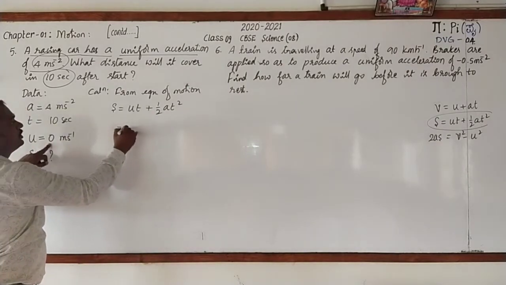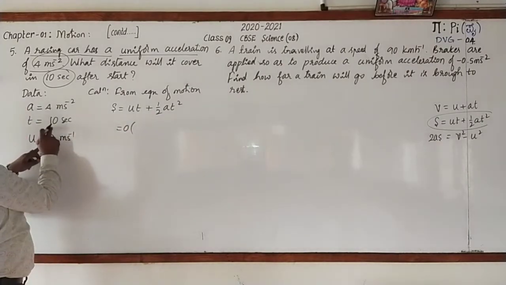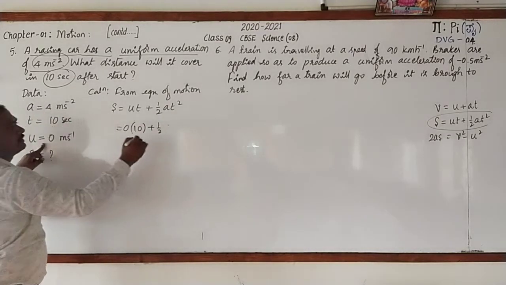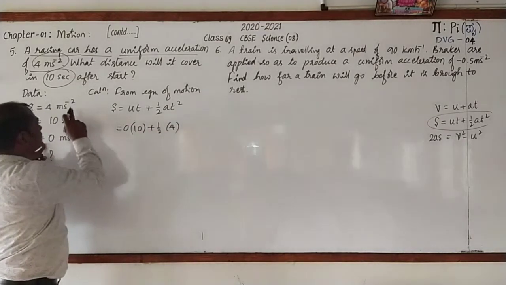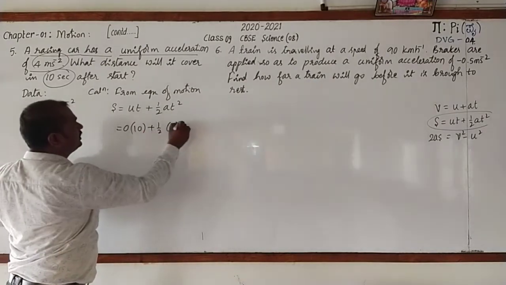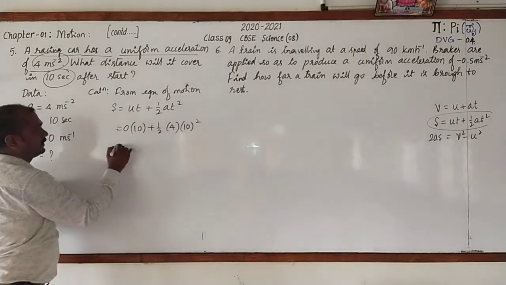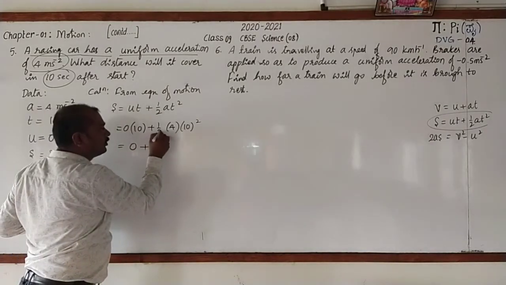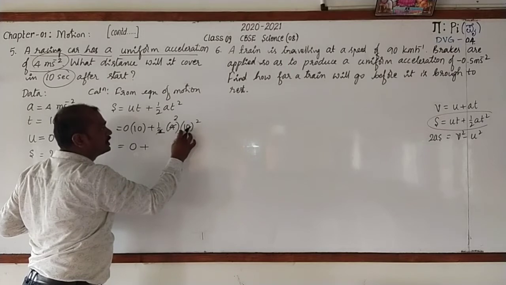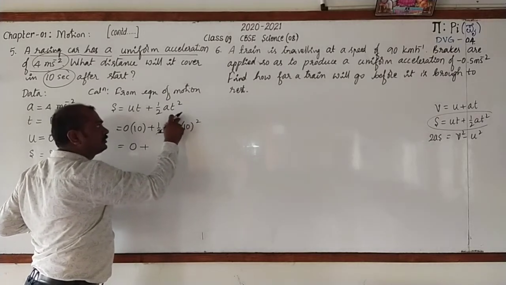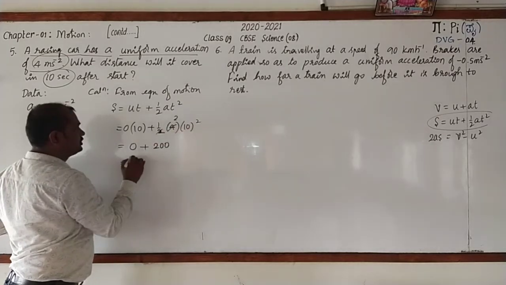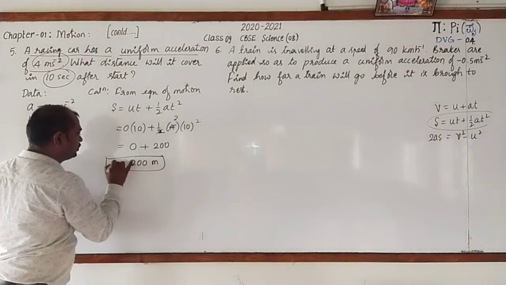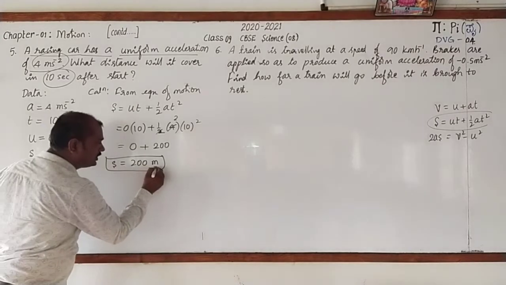What is u? 0. t, time, is 10 seconds, plus half into acceleration 4 meter per second square, and again time 10 seconds, 10 whole square. 0 into anything is 0 plus, you can go for cancelling, 2 ones are 2, 10 square is 100, 2 hundreds are 200. 0 plus 200 is 200. So s equal to 200 meter, unit is important.